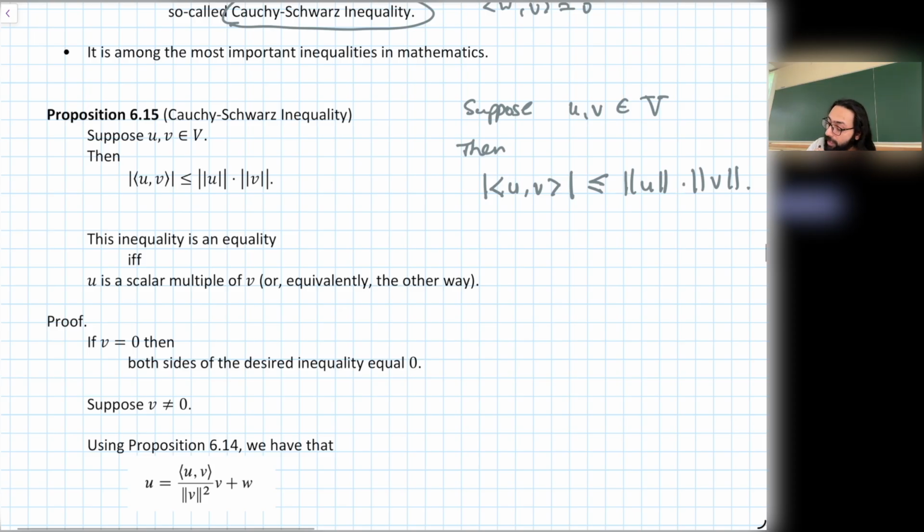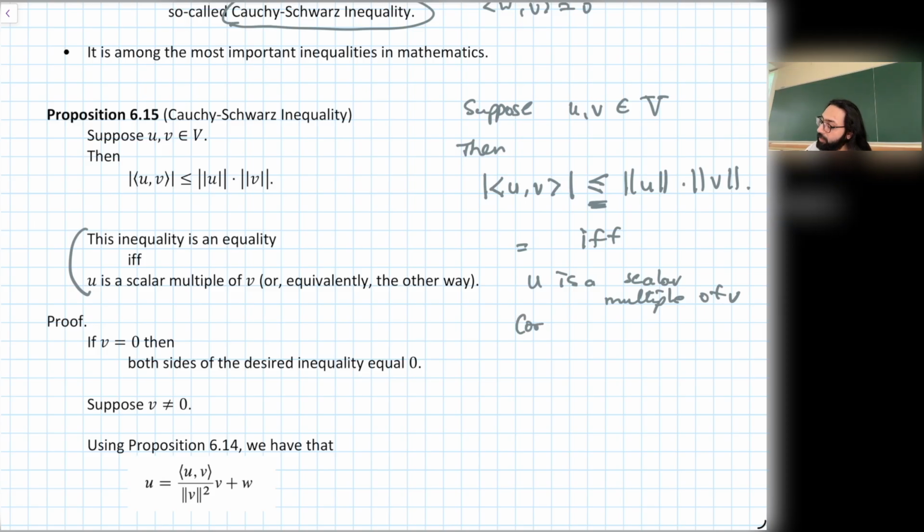And additionally, you have an inequality here. The question is, when does this inequality become an equality? It's equal if and only if U is a scalar multiple of V or the other way.